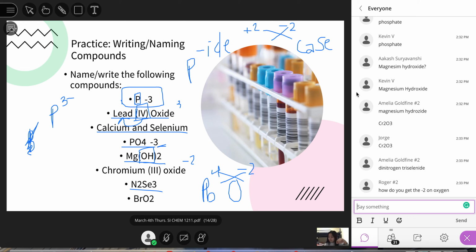The -2 is just the charge. If you look on the periodic table where oxygen is, it's the charge of -2, and that's just memorization. You just have to know oxygen's -2. And then yes, you guys are right, because that is a binary molecular covalent, so they're both going to have their own prefixes.